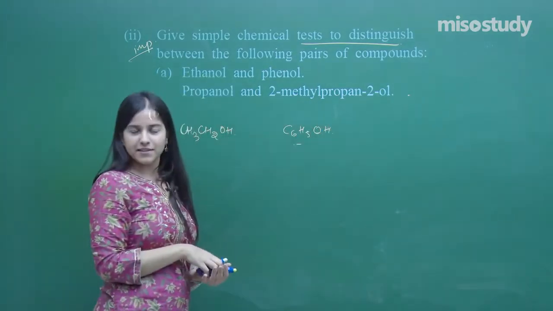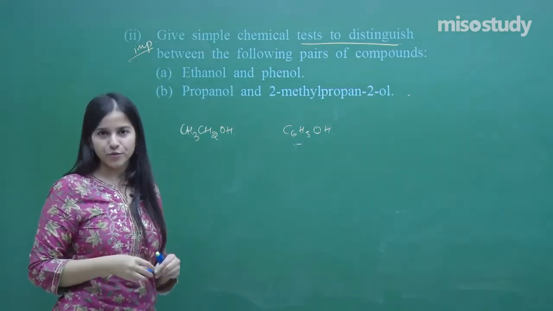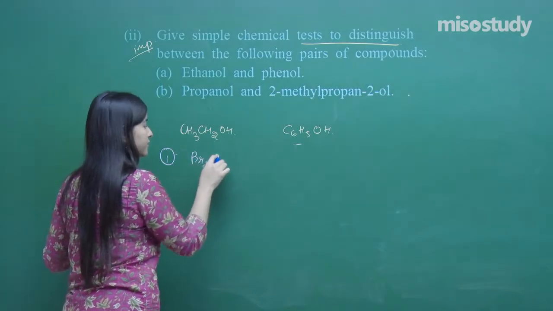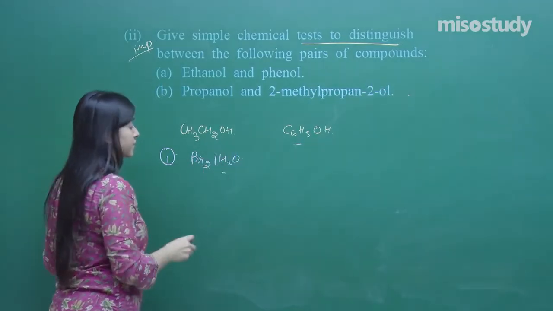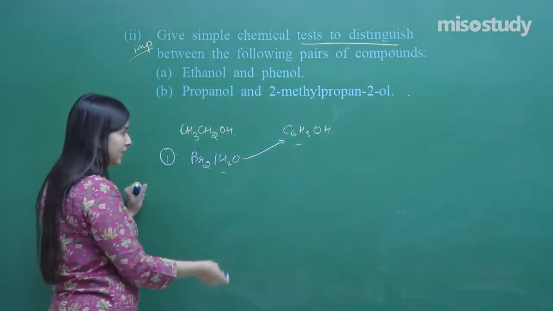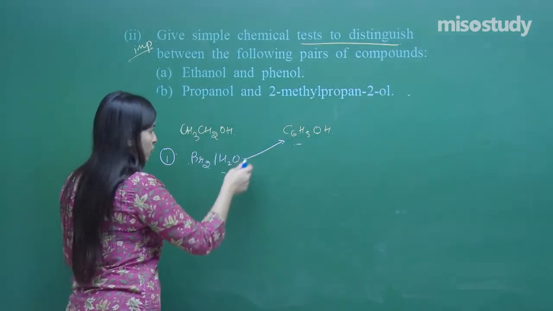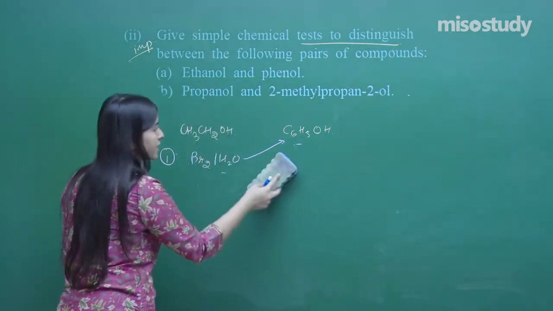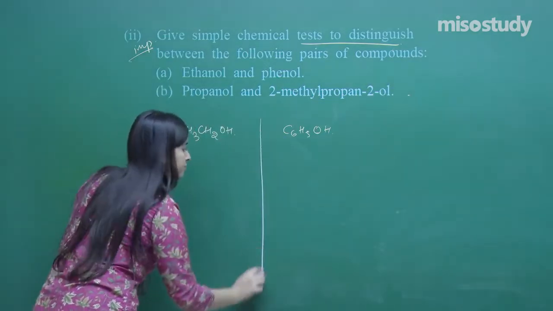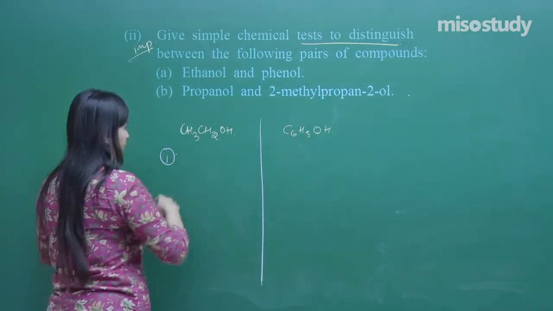What could be a possible test here? I have got 2 tests for you. First is the bromine water test. It can be a possibility. The bromine water test is given by phenol. How? For this, I am going to show how you have to write it in the exam. Divided into two parts.